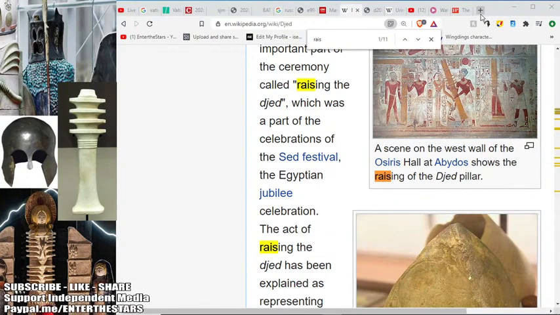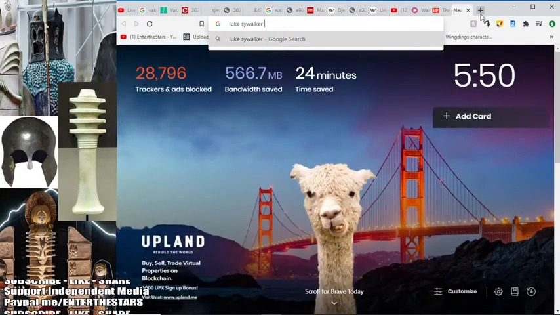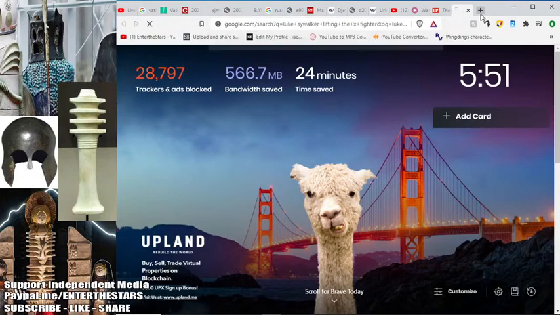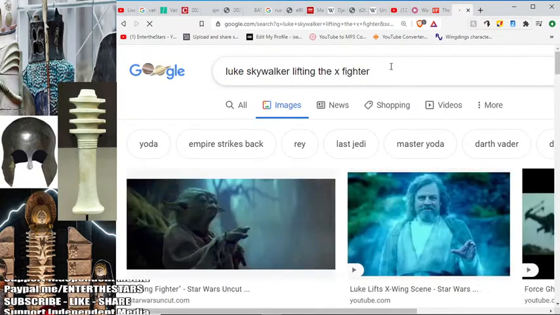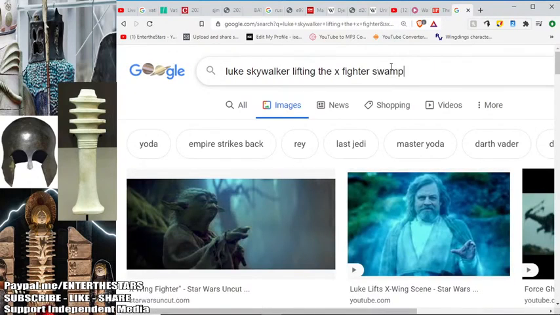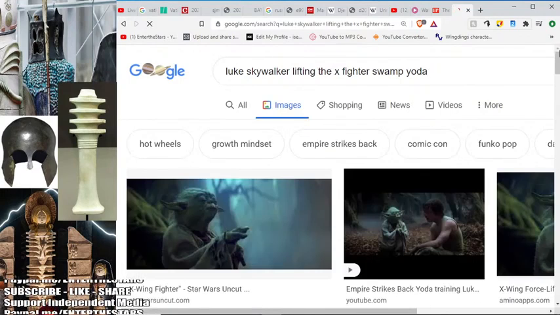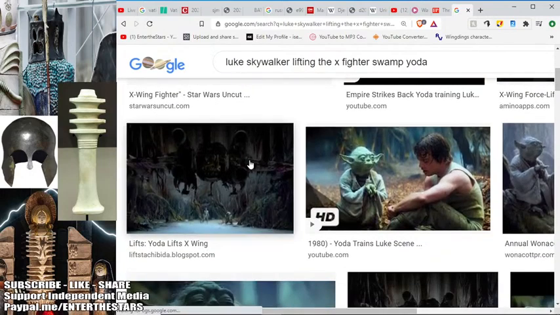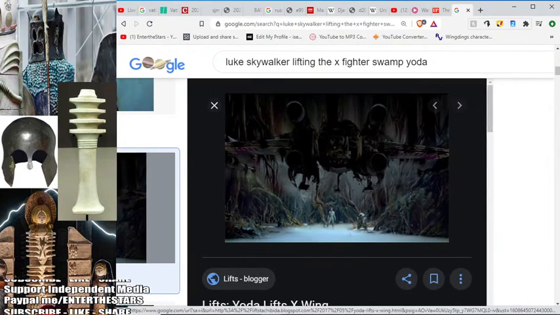Now let's look at some images of Luke Skywalker lifting the X-Wing fighter out of the swamp with the Force. Many of you will remember this if you followed the Star Wars series. But here they are. And he lifts the Jed out of the swamp.